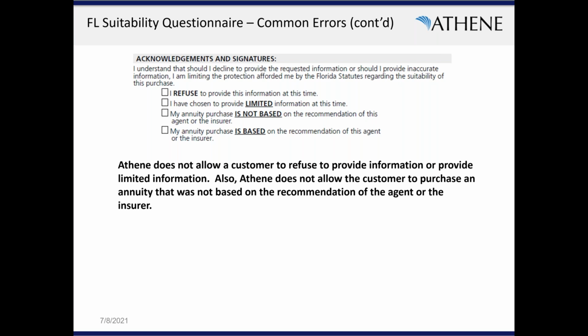So the best way I can phrase this is that from an Athene perspective, there is only one acceptable answer, where it was based on the recommendation of the agent, and nothing about they refused to provide information, they provided limited information, or it is not based off the recommendation of the producer. If one of those top 3 is chosen, we would decline that case and it would have to be rewritten. It's not just something you can simply change the answer to then get it accepted through. You would have to rewrite that contract. From an Athene perspective, there's only one acceptable answer.